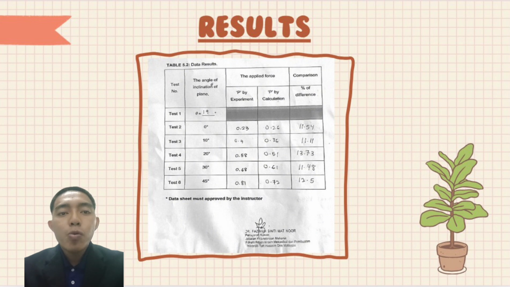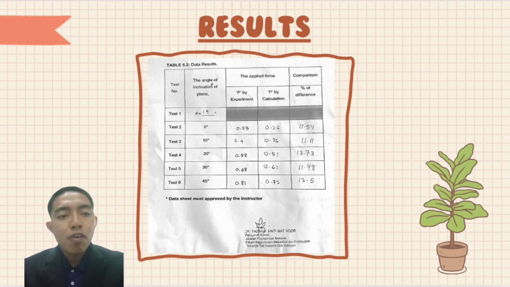When we compare, we will get 11.54%. Next, we move on to test 3. The angle of inclination of the plane is 10 degrees. The applied force by experiment is 0.4 and by calculation is 0.36, and we will get 11.11.